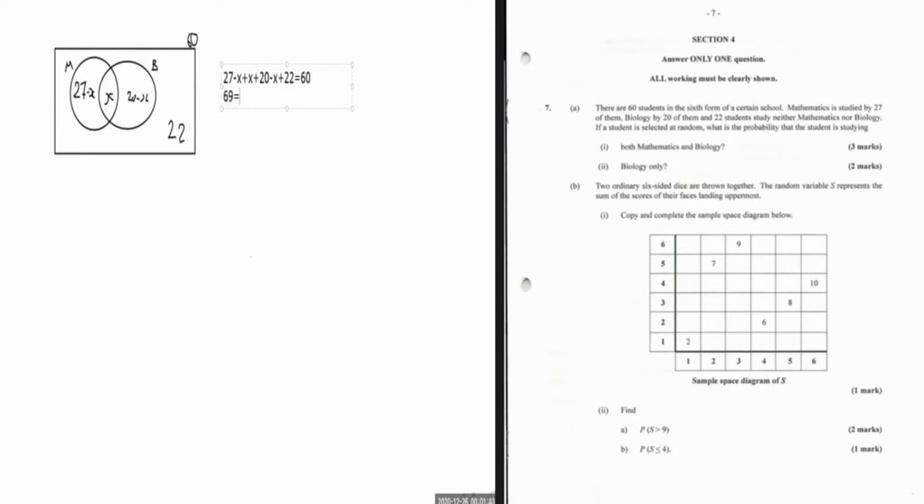So 69 minus X is equal to 60, and so X equals 9. So that means 9 students do both math and bio.